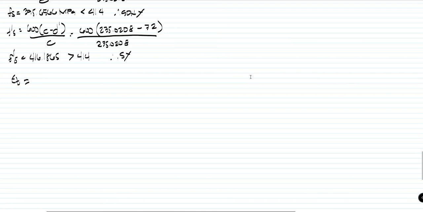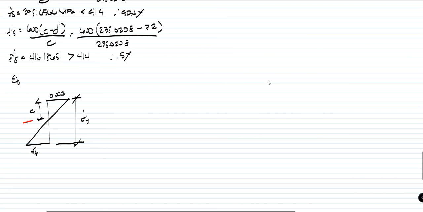We have to use 0.003 here, and this is epsilon sub t, which comes from the farthest reinforcement, which is dt. And this one will be c. So our epsilon sub t will come from similar triangles, where the height of the lower triangle is dt minus c.